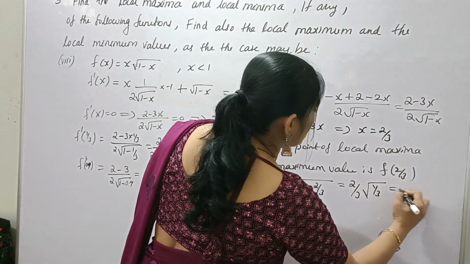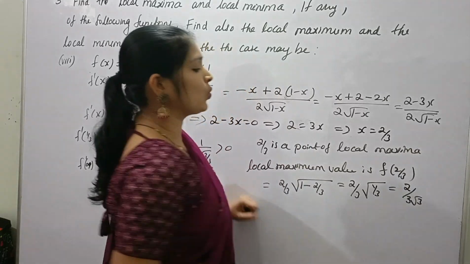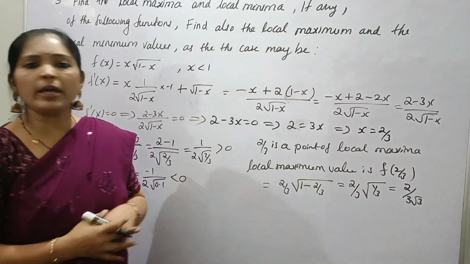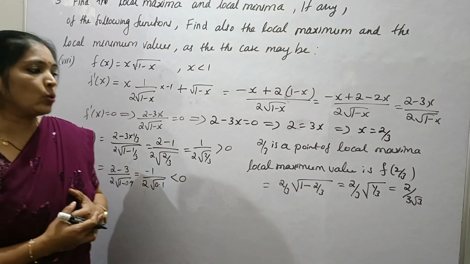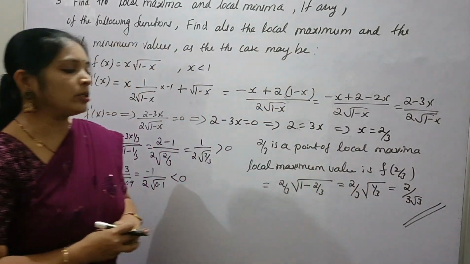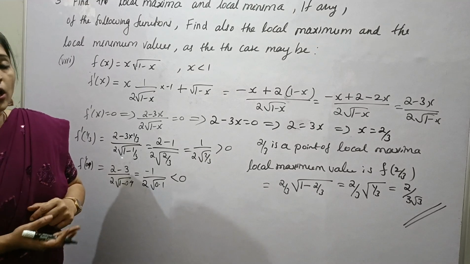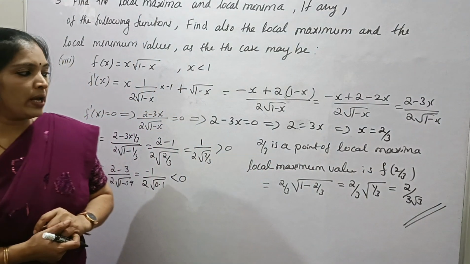So that is 2 divided by 3 root 3. Root of 1 by 3 means 1 by root 3, since root of 1 is 1 itself. So it is our maximum value: 2 by 3 root 3 is the local maximum value, and 2 by 3 is the point of local maximum.